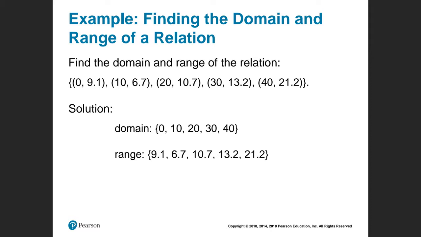The relation is the set containing the ordered pairs (0, 9.1), (10, 6.7), (20, 10.7), (30, 13.2), (40, 21.2). Now remember, domain is the first component, or X. Write it down over here. Make it bigger first a little bit so I can see.